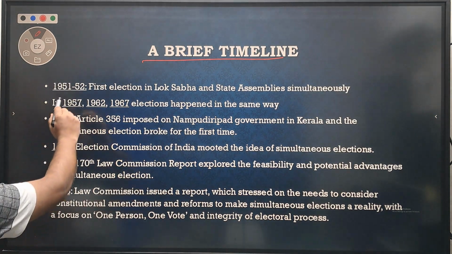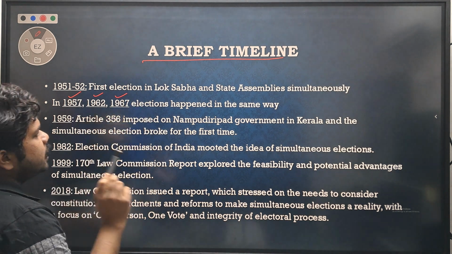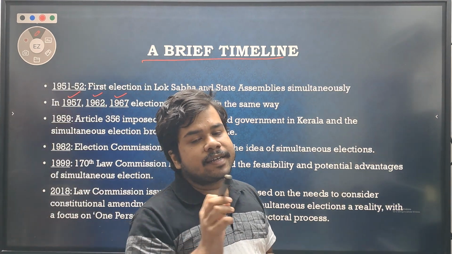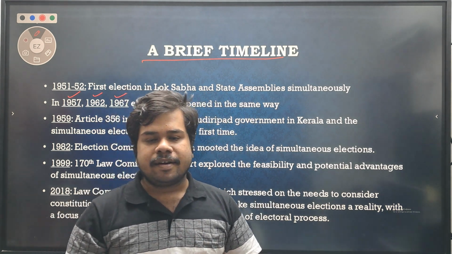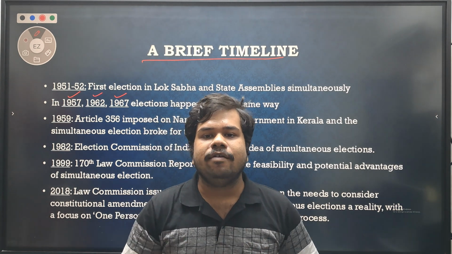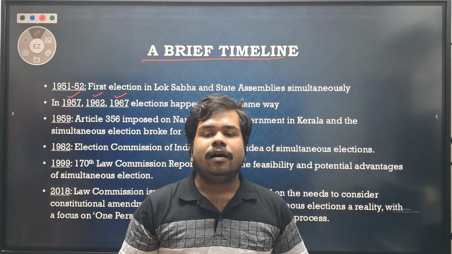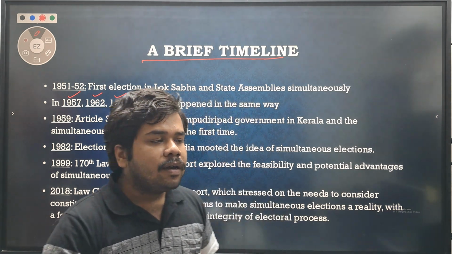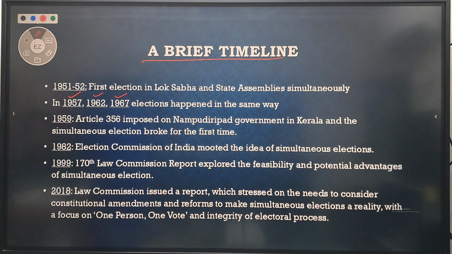In 1957, 1962, 1967, elections happened in a simultaneous manner, both at the state level and at the central level. At that point of time, there were no local level elections. There was no local level body like Panchayati Raj, like municipal corporation or municipality as such.